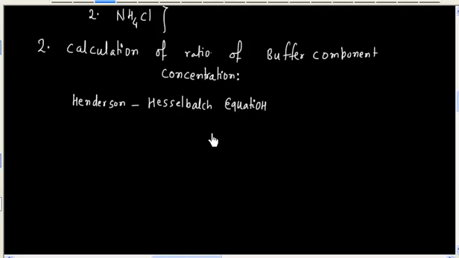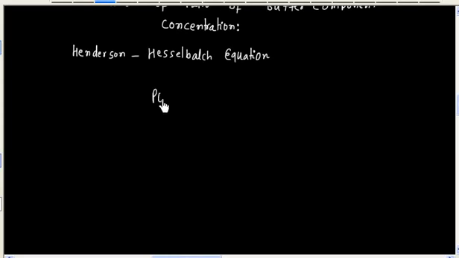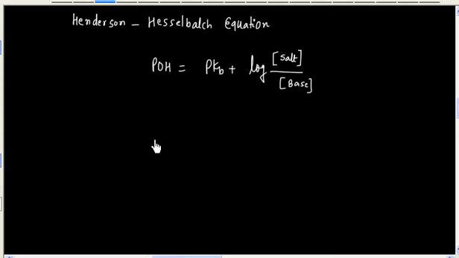That is pOH is equal to pKb plus log concentration of salt by concentration of base. pOH is 5, pKb is 4.74.